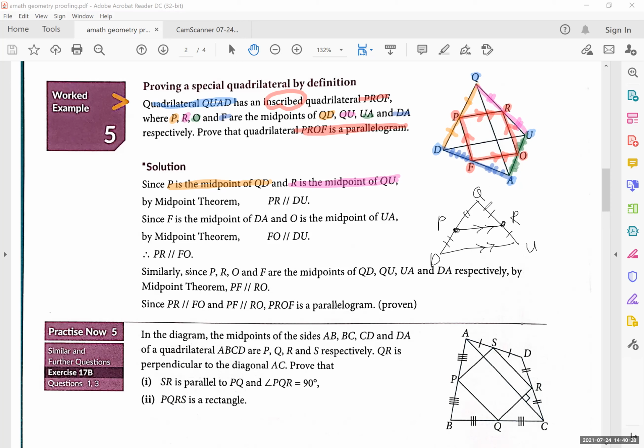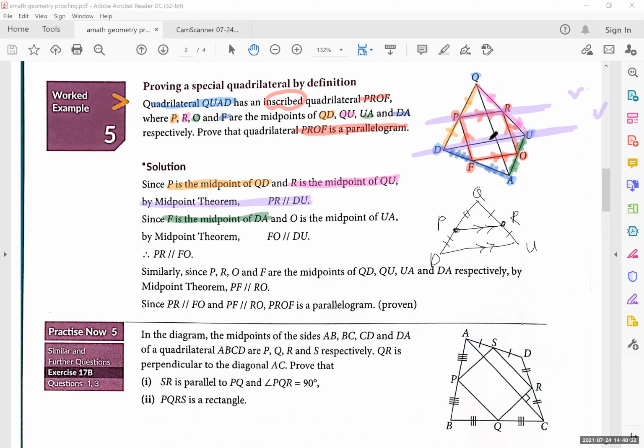Agree or not, guys? Yes. They say that by midpoint theorem, I know that PR is parallel to DU. So this one here is parallel to this one here.